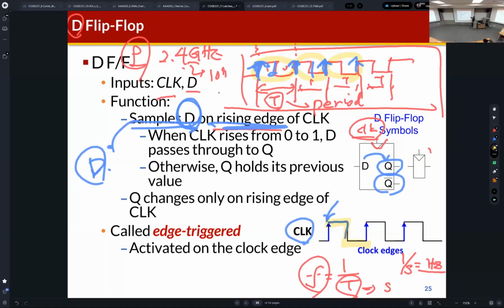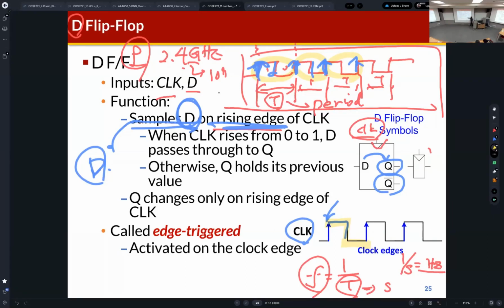At the rising edge of the clock, D is sampled, and in other cases this sampled data is just maintained. It's just stored. It works like a memory. Okay, do you understand?